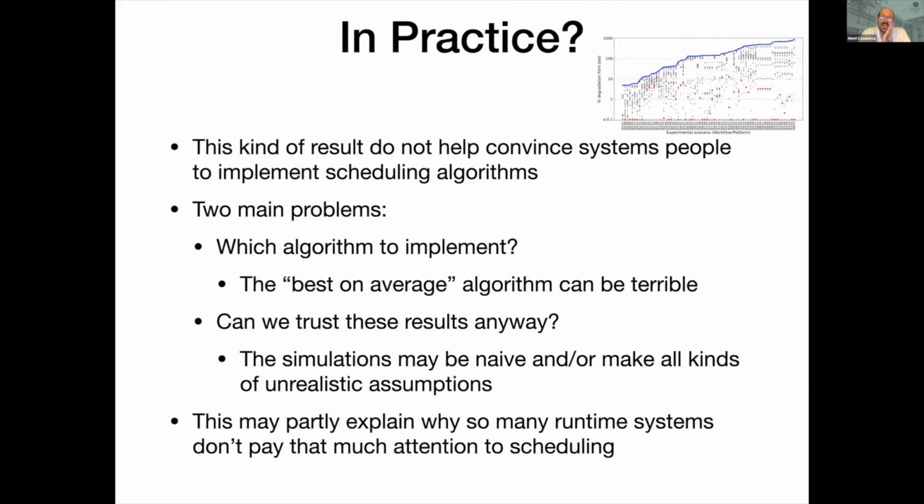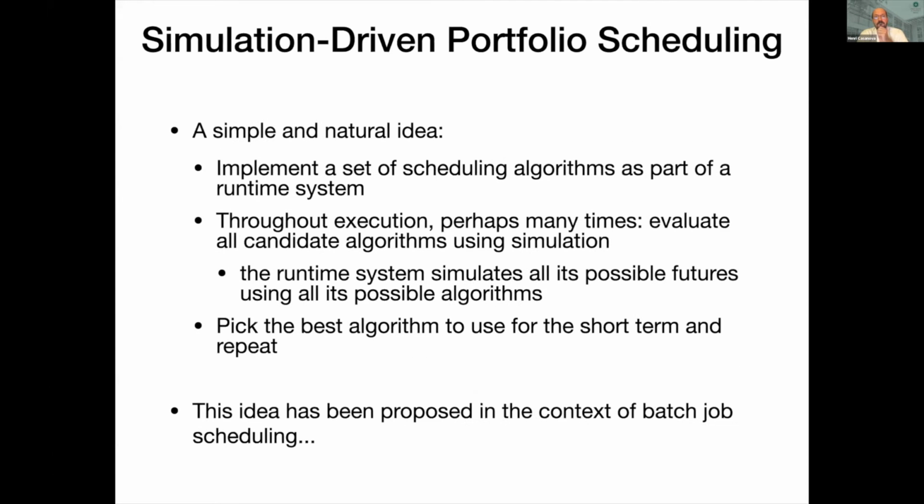And so we can say for sure, of course, and again, this is only anecdotal, and there may be runtime systems out there that do an amazing job at scheduling. But in our mind, that at least partly explains why so many runtime systems don't pay that much attention to scheduling, even though we would think they would, because that's what they have to do. Right? But it turns out they resort to very naive approaches in practice.